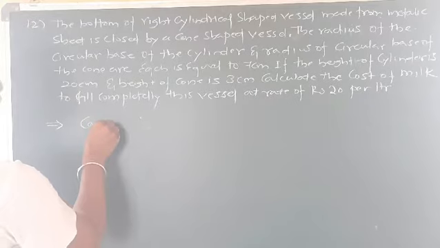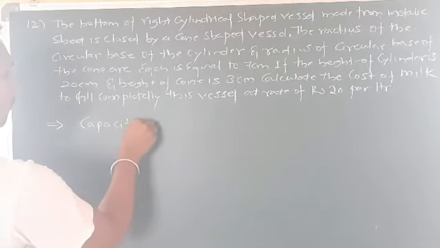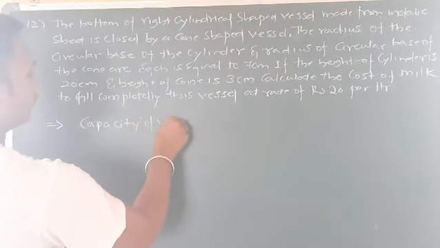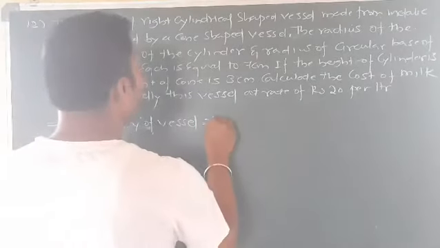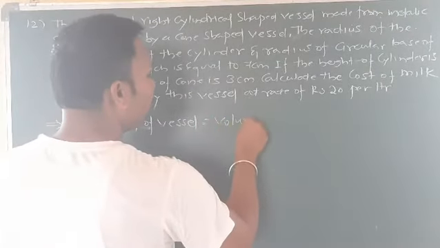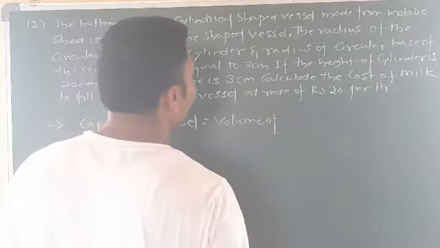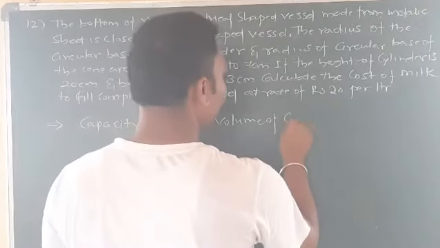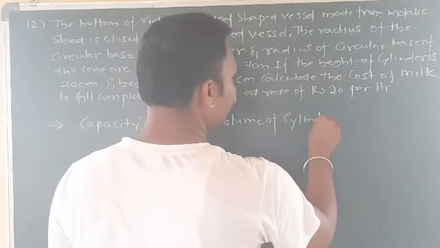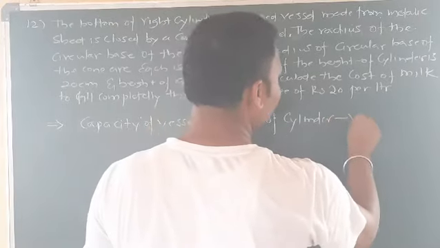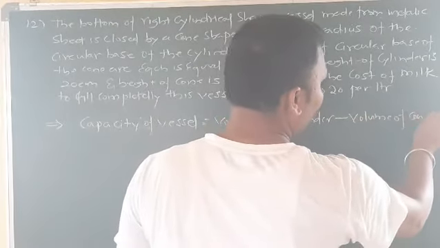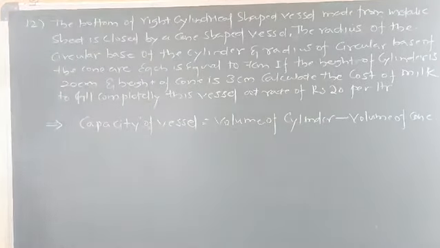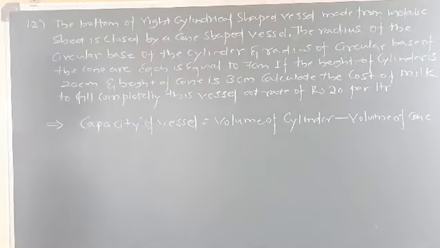First we can calculate capacity of vessel is equal to volume of cylinder minus volume of cone.